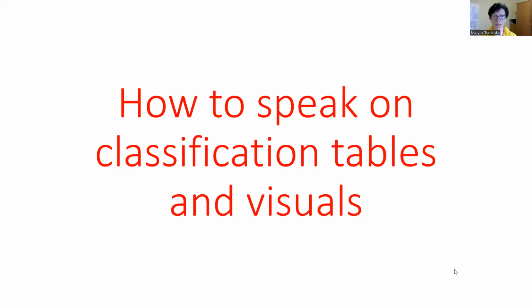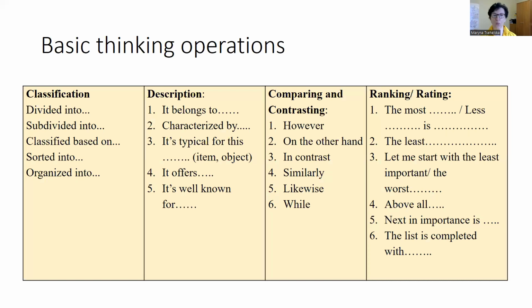Hello. Today, here in the course of business communication, we are learning how to speak on classification tables and visuals. So at first, let's think of what are the basic thinking operations that we will need for discussing very simple visuals and tables.